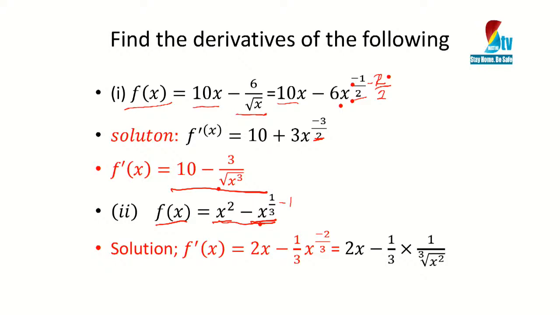So again, we can rewrite this as 2x minus 1 over 3 times 1 over the cube root of x squared.